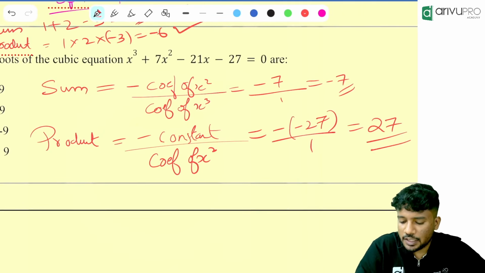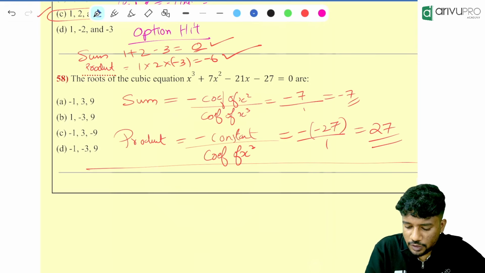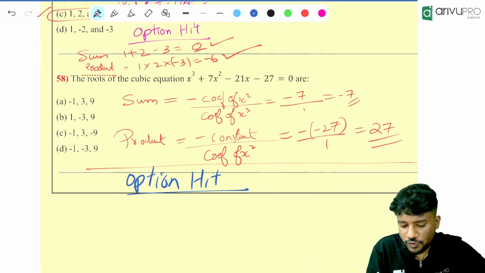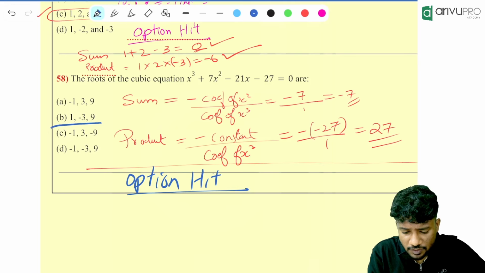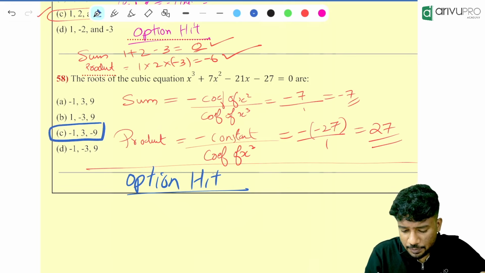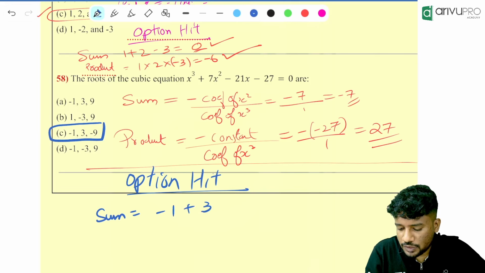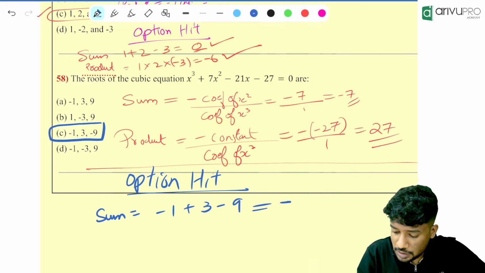Plus 27. Now looking at that, we need to option hit. Everyone ready for the option hit? Which option will we start off with? Many people are telling option C. We will try with option C first. The sum is equal to minus 1 plus 3 minus 9, which is minus 7.